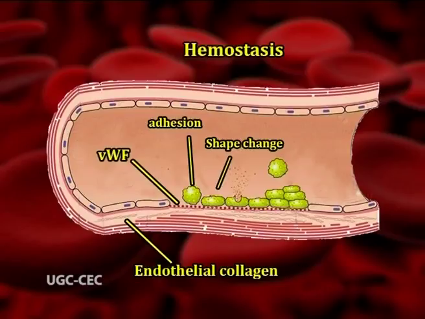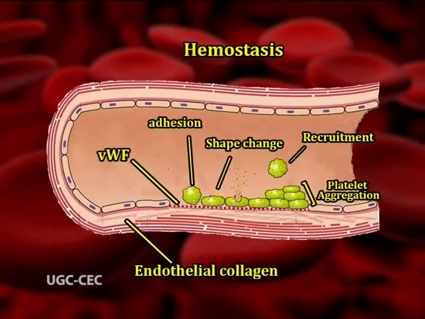Soon thereafter, platelet aggregation occurs, whereby additional platelets are recruited from the bloodstream and aggregate, thus forming a fibrin platelet plug. The bleeding time reflects this process, and if the platelets do not function properly in any of these steps, the bleeding time will prolong.